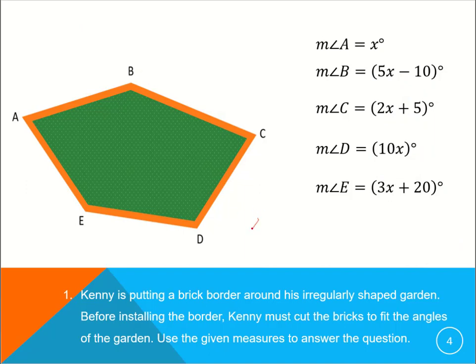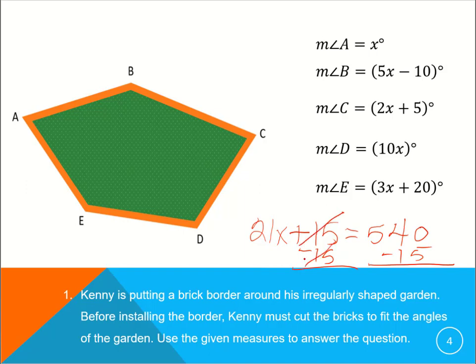So I had 21x plus 15 equals 540. I'll start by subtracting 15 from both sides. 15 cancels.